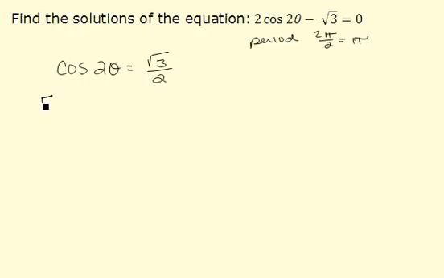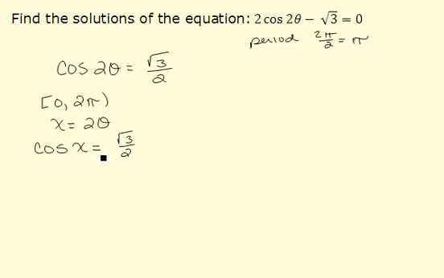If we looked in the interval for 0 to 2 pi and let 2 theta be equal to x, then looking at cosine of x is equal to the square root of 3 over 2, we could find the two specific solutions to the cosine of x equaling the square root of 3 over 2.